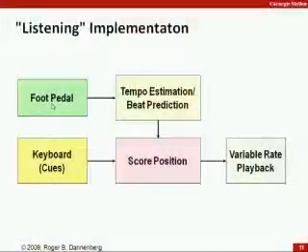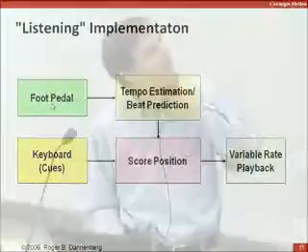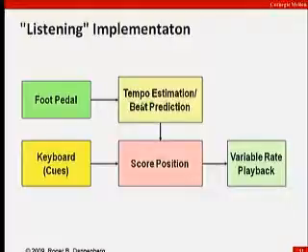I have a picture up here. So this is the implementation for that April concert. There's a foot pedal, and based on foot tapping, we're doing tempo estimation and forward prediction of where the next beat is going to be. We also have a little keyboard which provides some extra inputs that are used for cues.